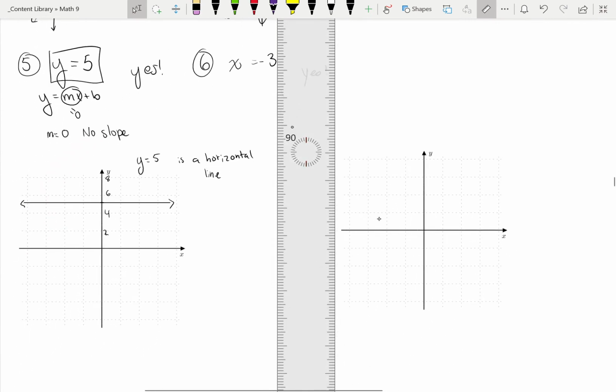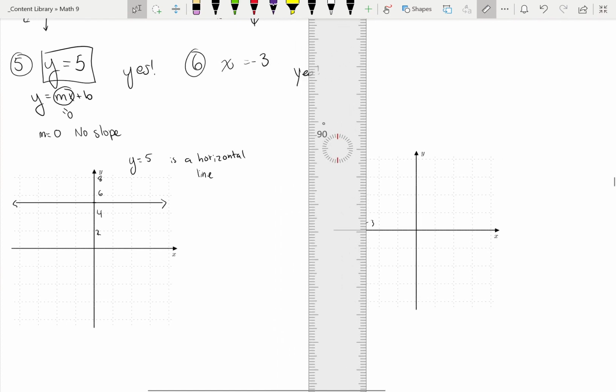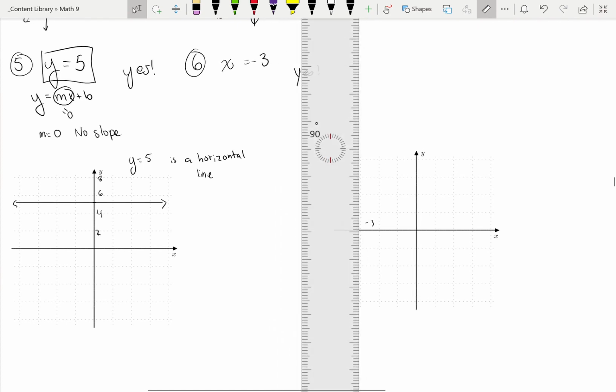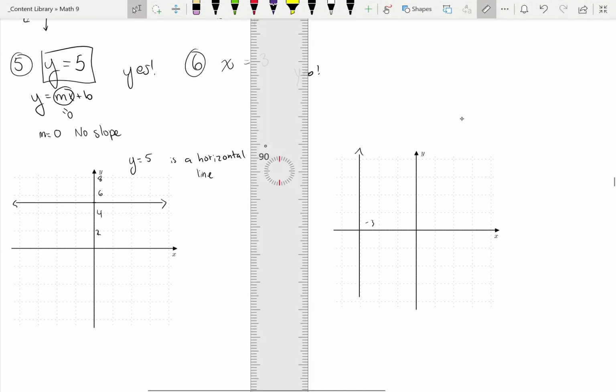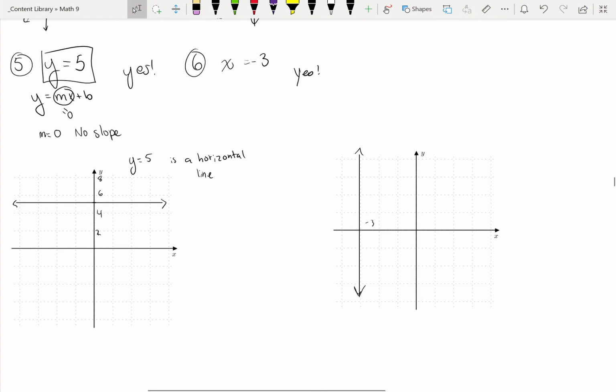So I have -3 here on my x-axis. I find that and I draw my vertical line. So now my y can be anything and my x is limited to that value. So x equals -3 makes a vertical line.